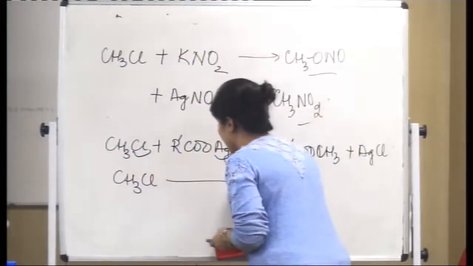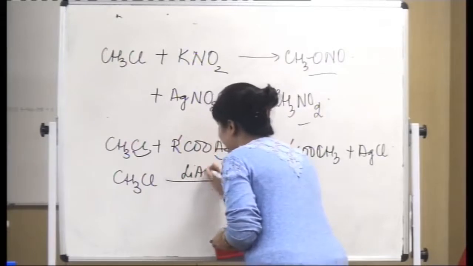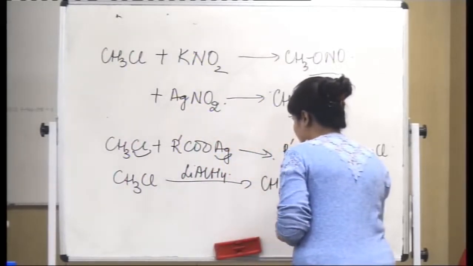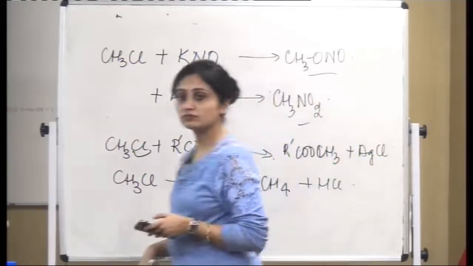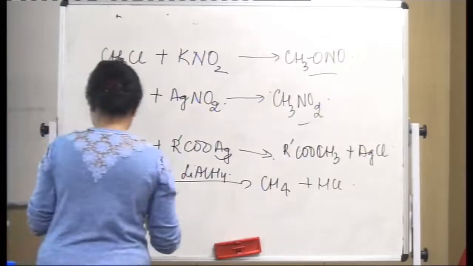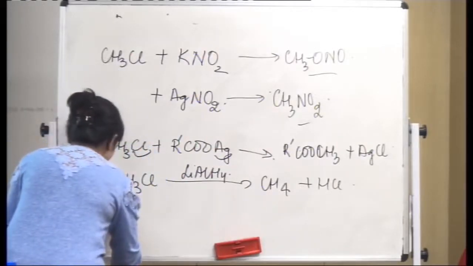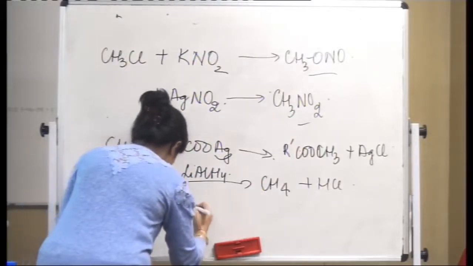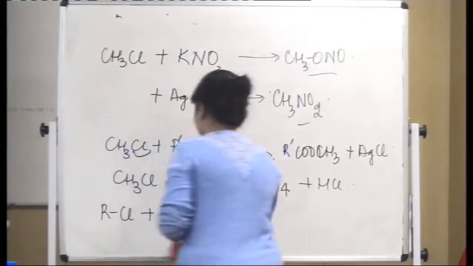Whenever you add a reducing agent to it, like LiAlH4, so what will it form? And this another reaction is an important one. When you have RCl plus R-M, it forms your alkane.